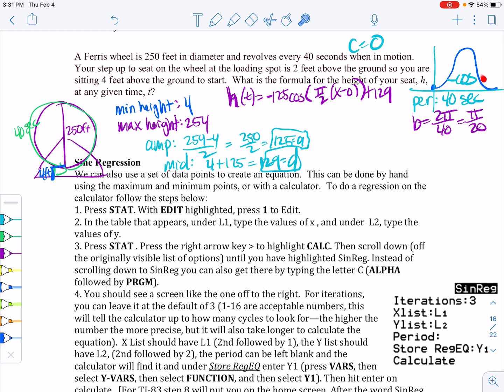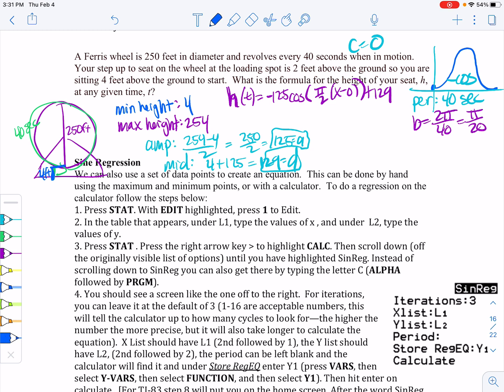You can create a sketch of the scenario that's happening to figure out, is it going to be sine or cosine? Most of our modeling is going to be from minimum and maximum points, so most of the modeling ones that we're going to do are going to be coming from a cosine perspective. Doesn't mean you couldn't find a sine. It just means that it's more tedious.